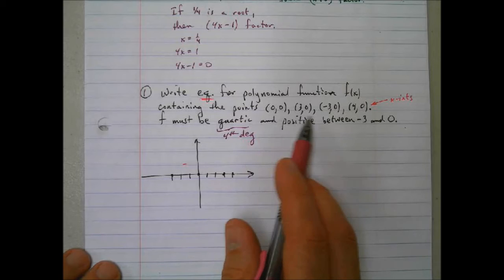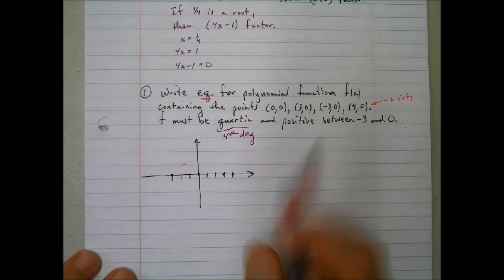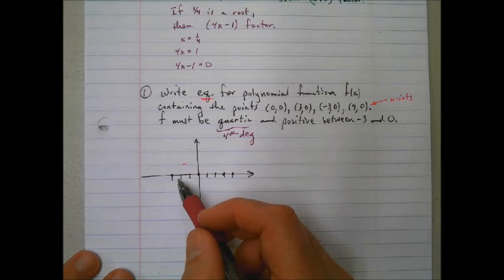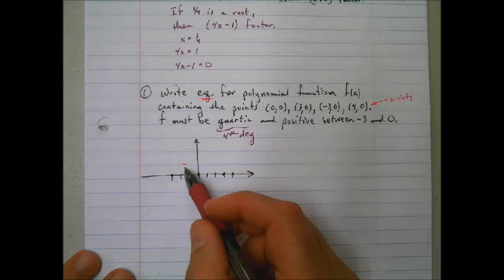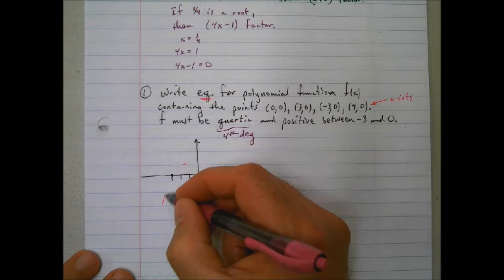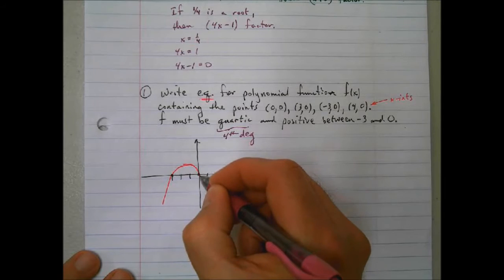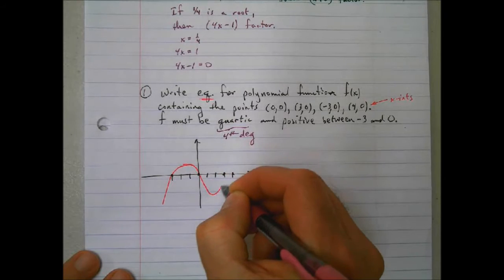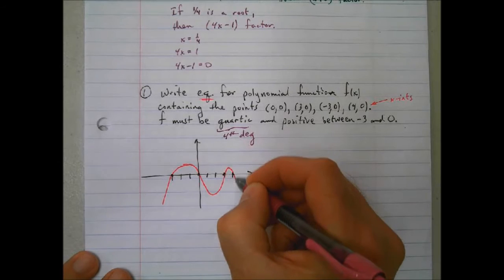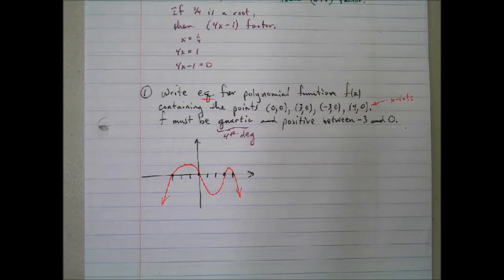The multiplicity for each one of these zeros is 1, so they all go through. Since they all have to go through, as opposed to bouncing, and it's positive between -3 and 0, we must start low and go through, and then go through, and then go through, and go through, and end low.